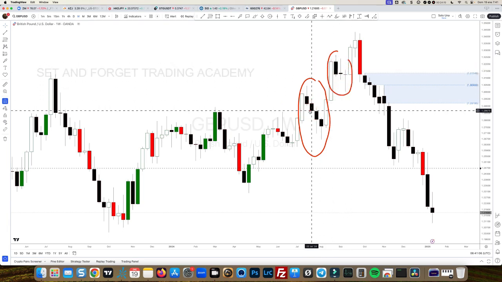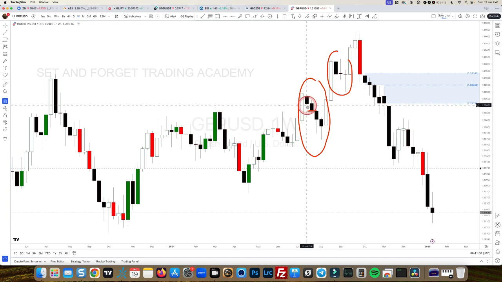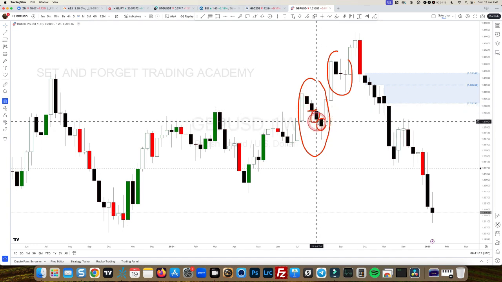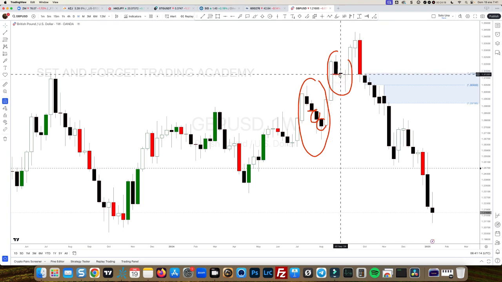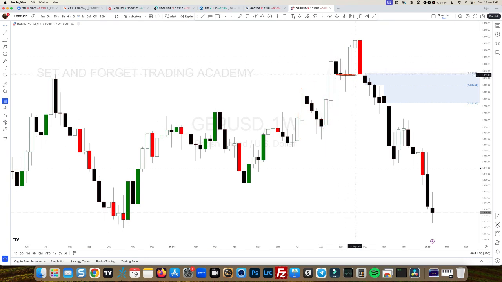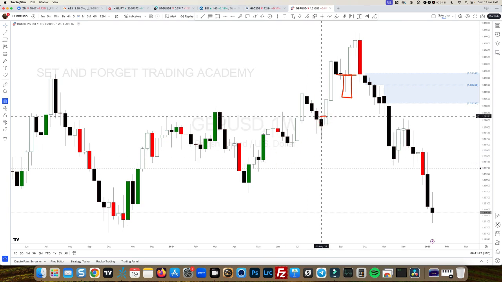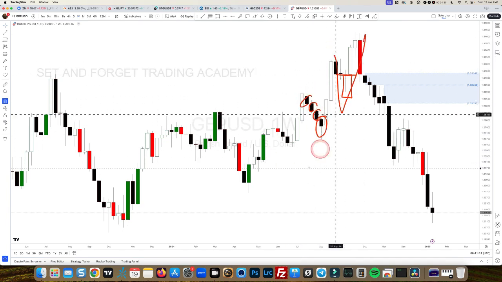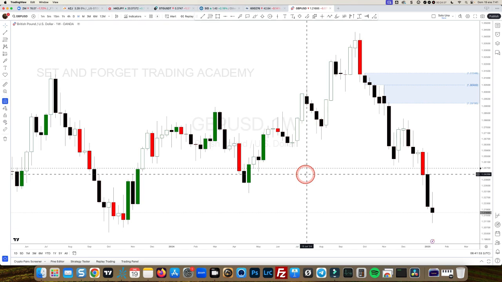Here, we've got the bodies closing below the previous body, full bodies below full bodies. Here, we just got one candlestick and the next one can't even close. And we don't want only a close below the previous body's close. We want full bodies, like this, full bodies below full bodies for this to be a valley.